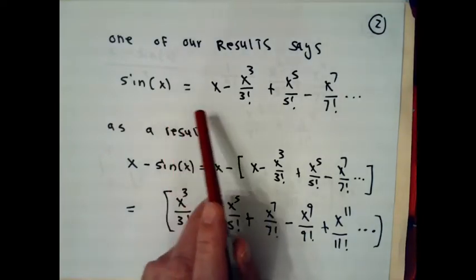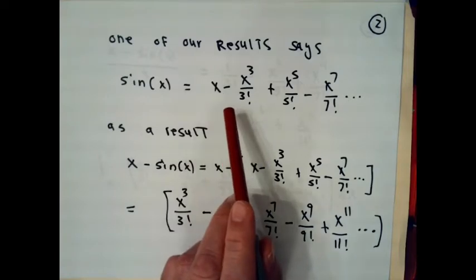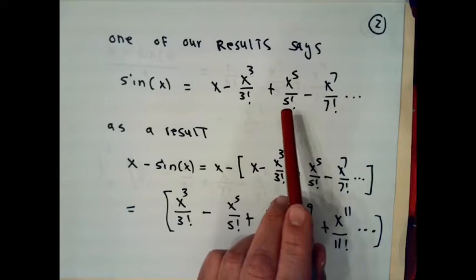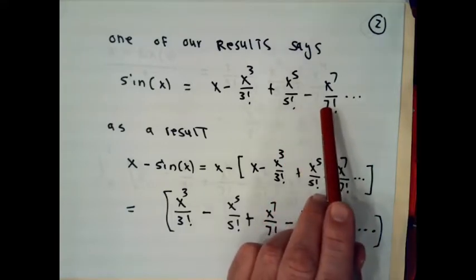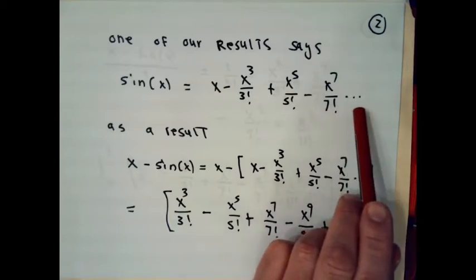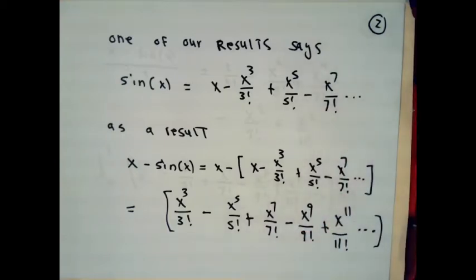Sine of x is x minus x cubed over 3 factorial plus x to the 5 over 5 factorial minus x to the 7 over 7 factorial, and so on and so forth. This infinite power series converges absolutely no matter what x is.